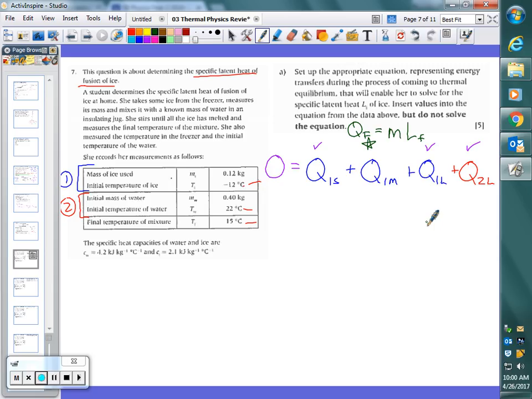In this case, that will enable her to solve for the specific latent heat, Li, of the ice. That's what it's asking us to solve for. Okay so far?